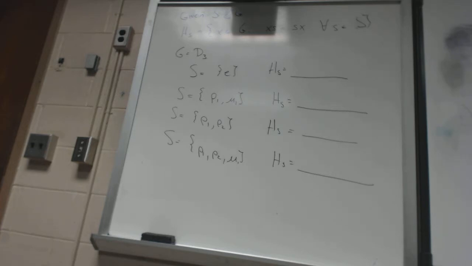So if you make E just... First one, yeah, second one is E, and what else? The first rotation is the same as one of the... I just want to see which one. If the subset is rho 1 and mu... with both of them.